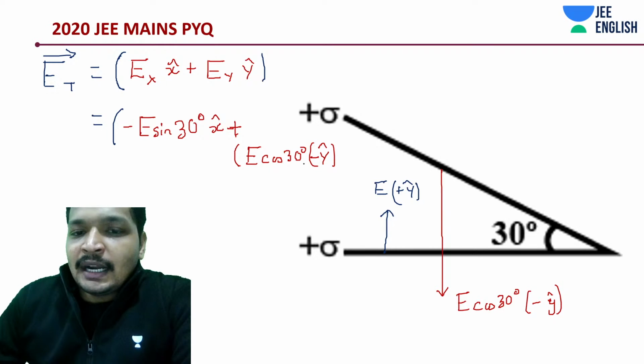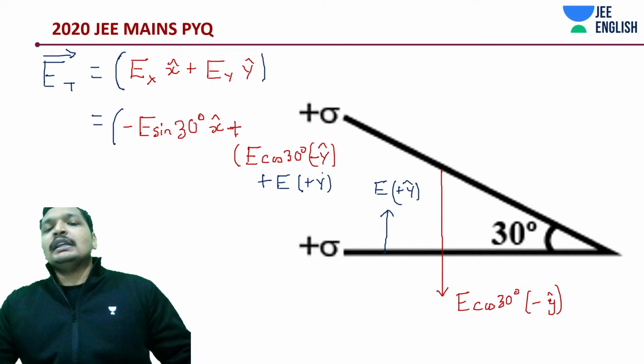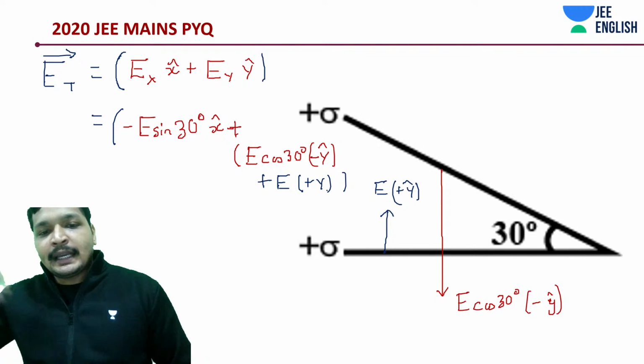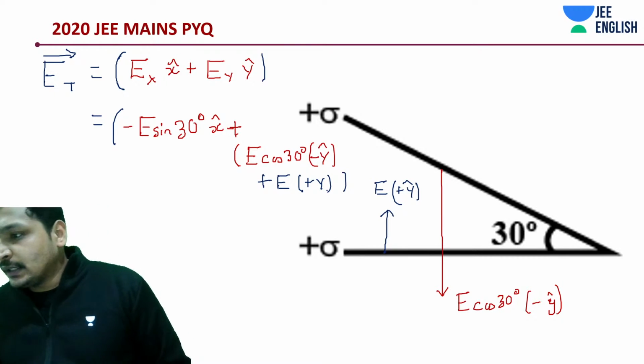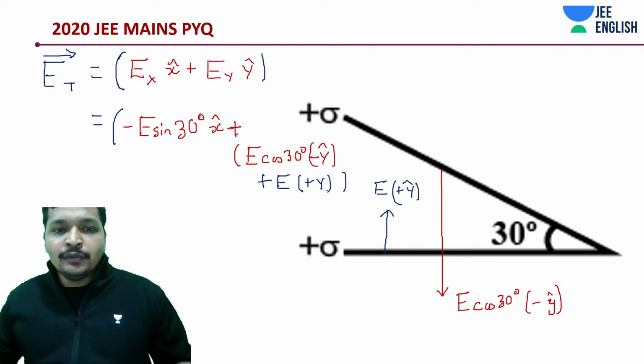So add them up: E of plus y, minus E cos 30. E taken out common, it's basically E into (1 minus cos 30), right? That's all you need to know.